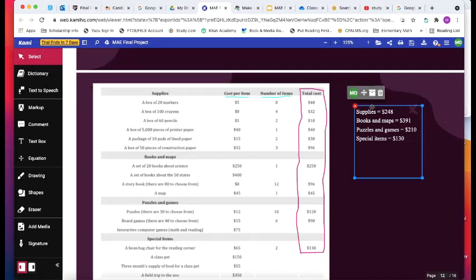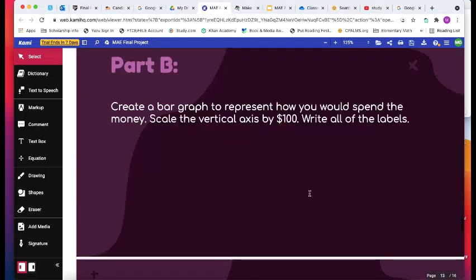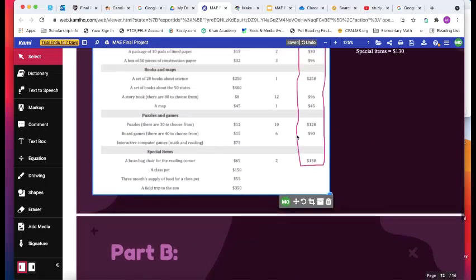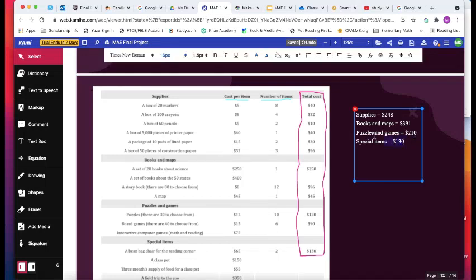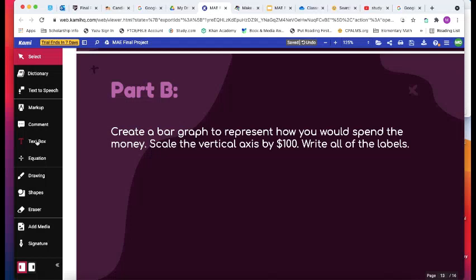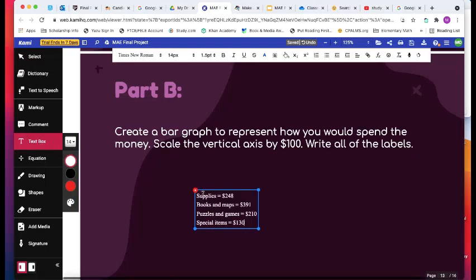Okay, now I'm going to copy this, and we are going to paste it down here, and that didn't work. So we're going to do it this way. And then we're going to add another text box and paste those.